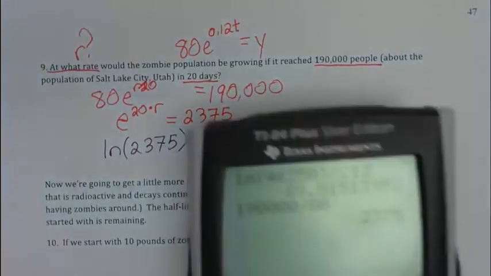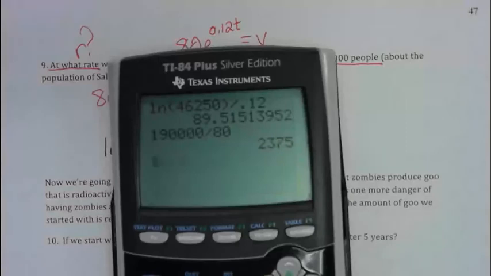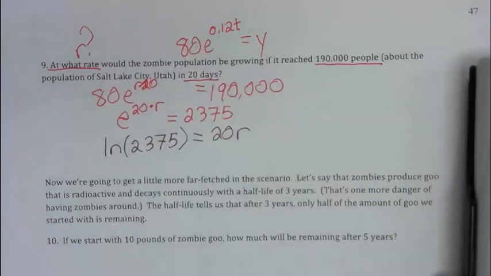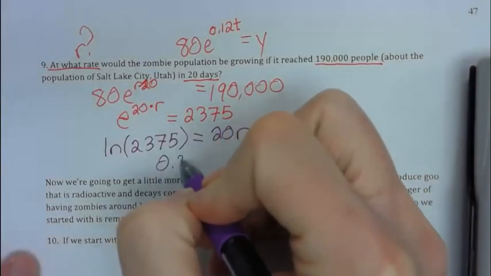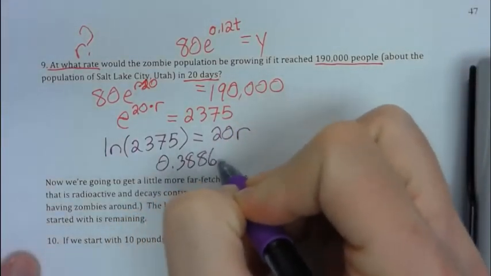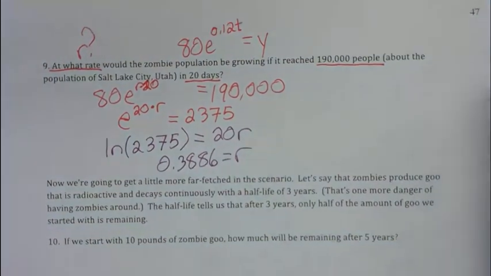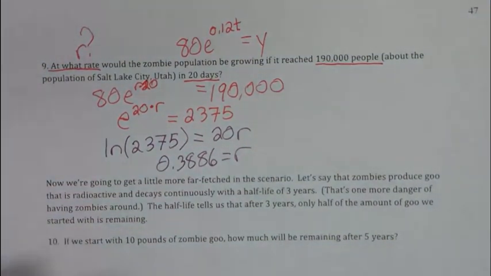So we'd be doing in our calculator the natural log of 2,375 divided by the 20 days we know about, and we get 0.3886 for r. So this is the rate, remember? So this is percentages.